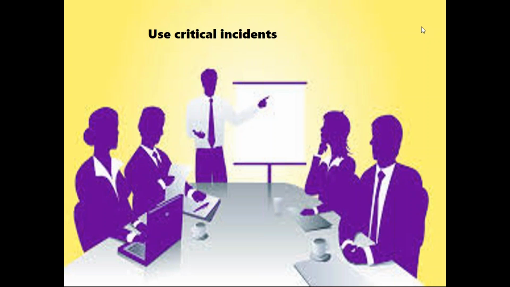So use critical incidents. Now, you don't have to embarrass people, of course, and if there's been an absolute disaster that's occurred and somebody is seen to be the victim in this disaster, it's probably not a good idea, of course, to draw attention to it in that forum.